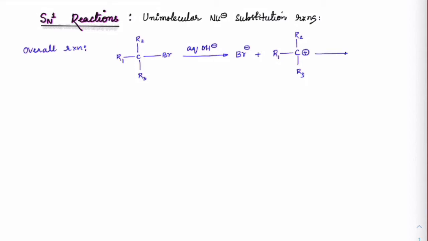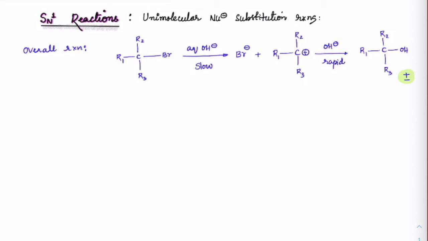Then OH minus will attack to get an alcohol group here, plus and minus, which represents it is a racemic mixture. What has been found is that this is the slow step and this is the rapid or very fast step. So this is the overall reaction of SN1 reaction.